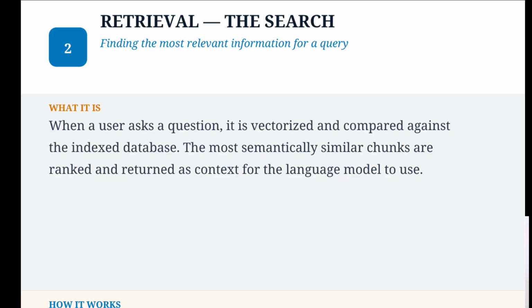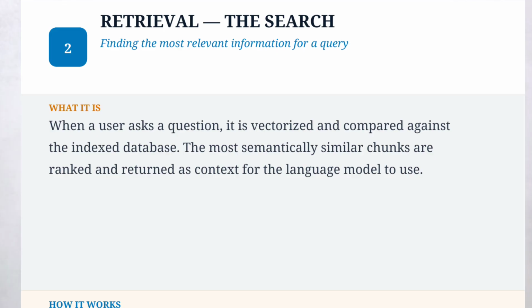Now you have the question as a vector and your entire knowledge base as vectors. Then it does a similarity search. Mathematically it compares the question vector against all the stored chunk vectors and finds the ones that are closest in meaning. Not keyword matching, semantic matching.